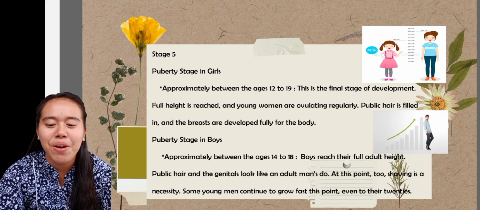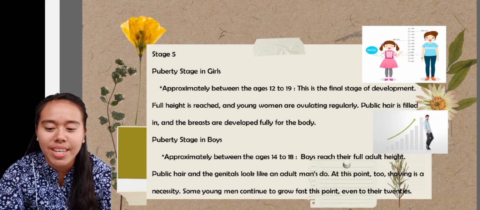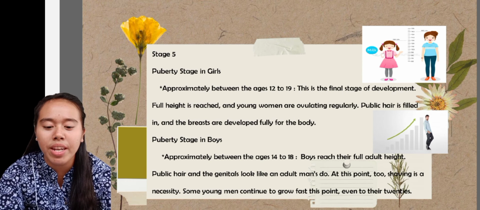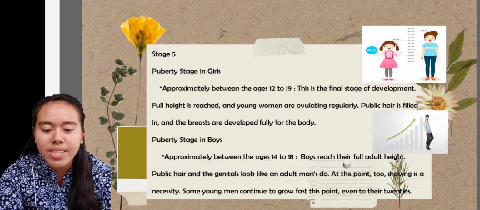And lastly, stage 5 of puberty for girls, approximately between the ages 12 and 19, is the final stage of development. Full height is reached and young women are ovulating regularly, pubic hair is filled in, and the breasts are fully developed.